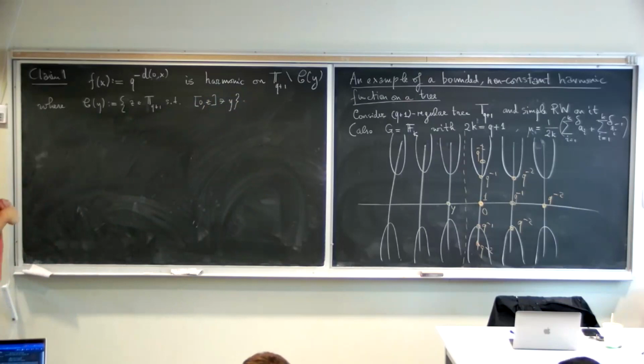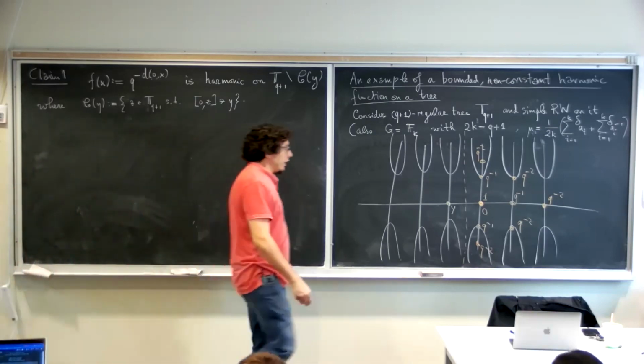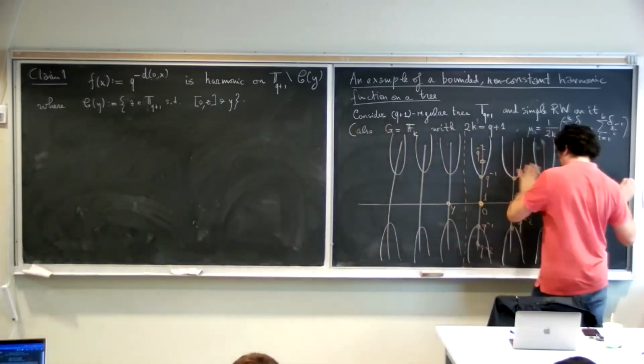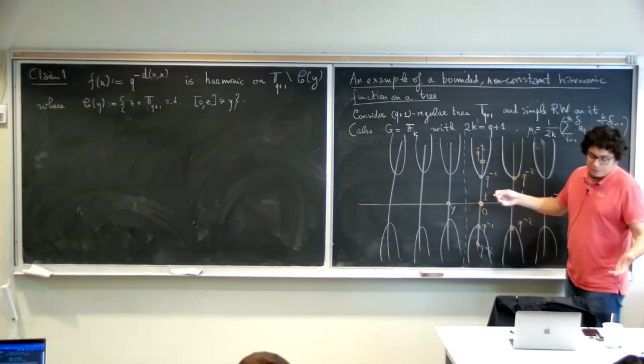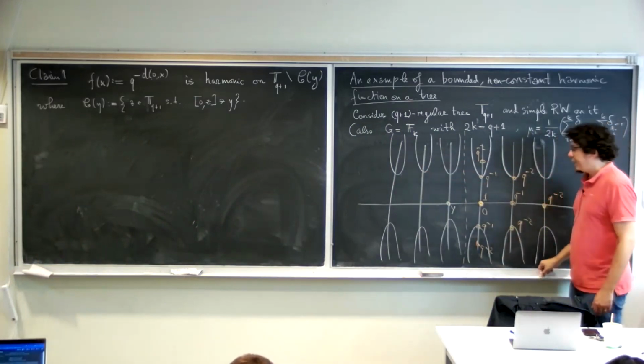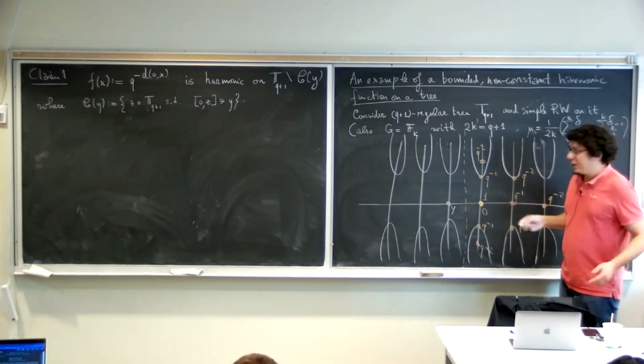So this is usually called the cylinder set. That's fine. Now, clearly, similarly, if we forget about the right-hand side and we only look at the left-hand side, we also have a harmonic function. We know what it is.